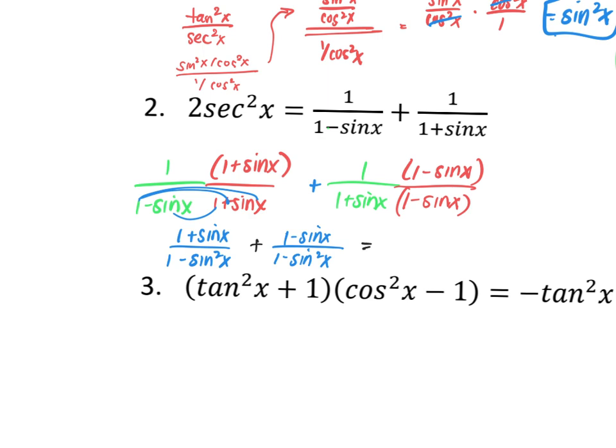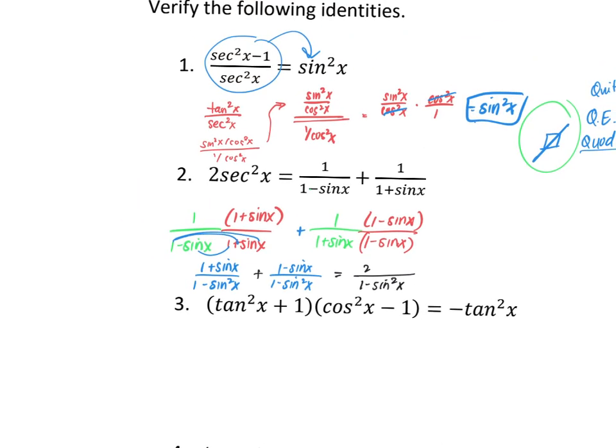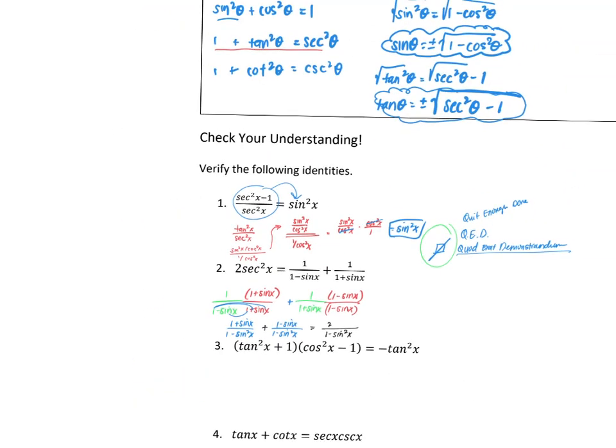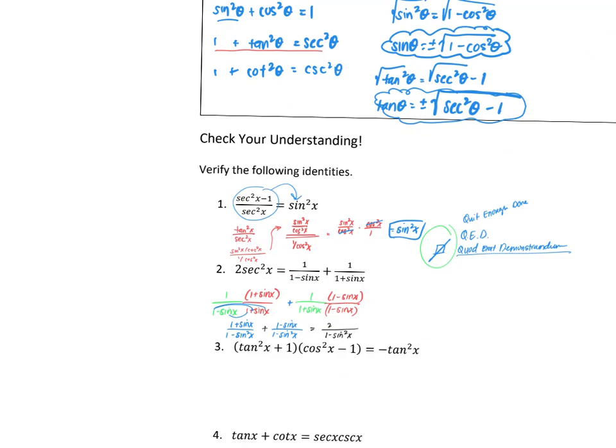Okay, now we can add these fractions together. And again, we used a conjugate here for this strategy. Let's add, well, the denominators are the same, so common denominator. The numerator 1 plus 1 is 2. Sine x plus negative sine x is 0. So I'm just left with 2. The denominator looks like a Pythagorean identity, if I'm not mistaken. Okay, 1 minus sine squared.